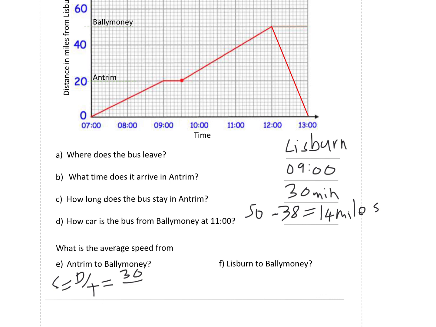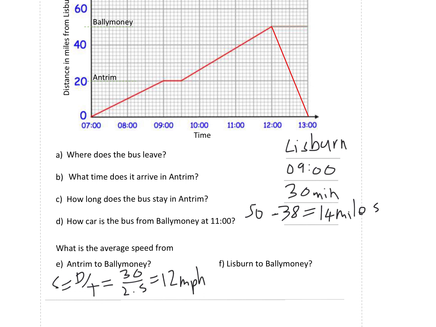Well, they leave Antrim here at 9:30, 10:30, 11:30, 12:00. That's 2.5 hours, and by that time it gets to Ballymoney. And then you do 30 divided by 2.5, and that gets you your answer. That would be the same as 60 divided by 5, which would be 12. So 12 miles per hour.